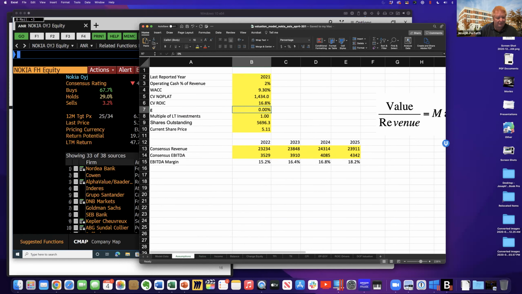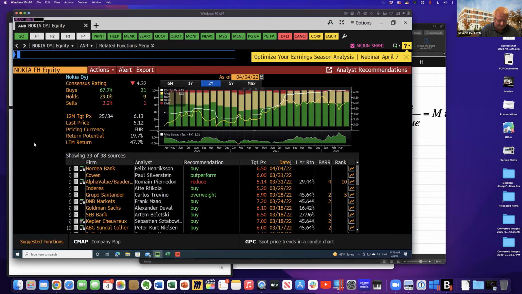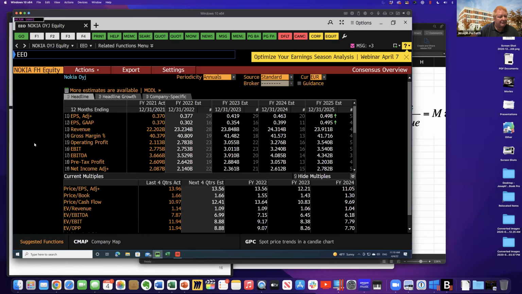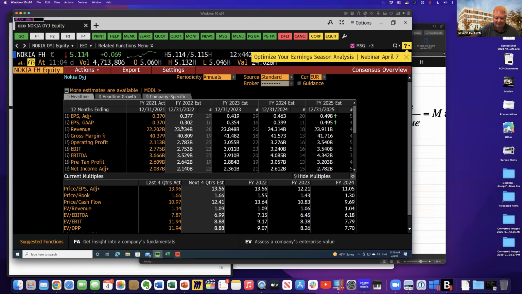So back to the EEO screen. Make sure it's still 5.11. Okay, so these multiples are changed. Excuse me. So these are the forward multiples based on the forward earnings forecast. This is actual nomenclature, forward year 1 estimate, forward year 2, forward year 3, forward year 4.